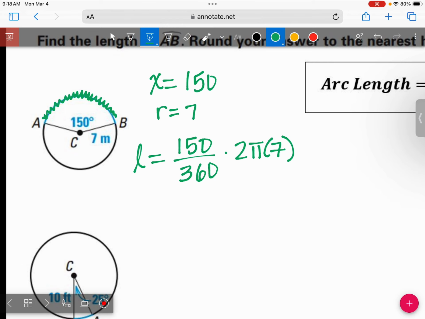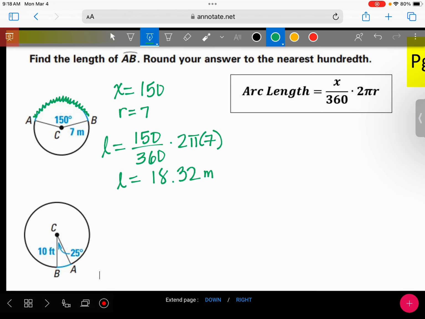All right, so I got L equals 18.32 or 18.33. Who got that? All right, try to do the next one by yourself.